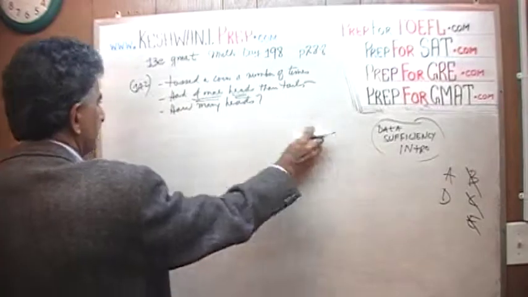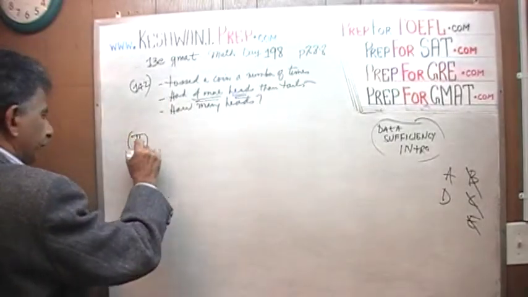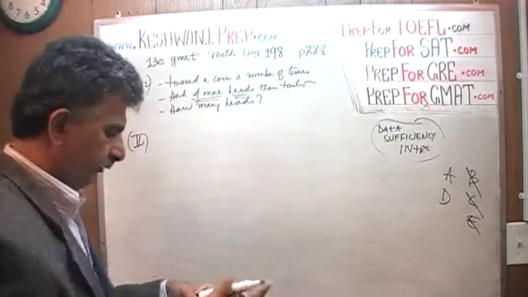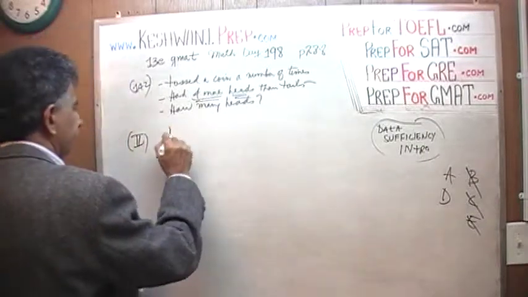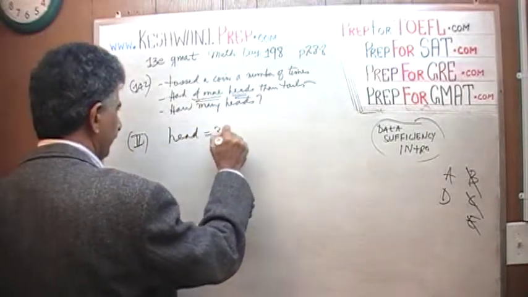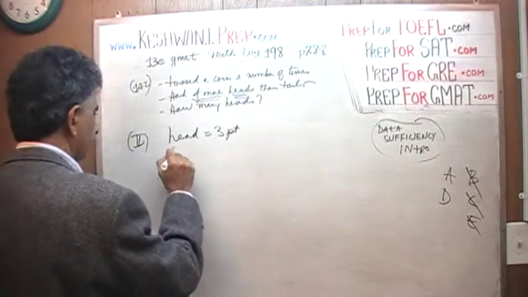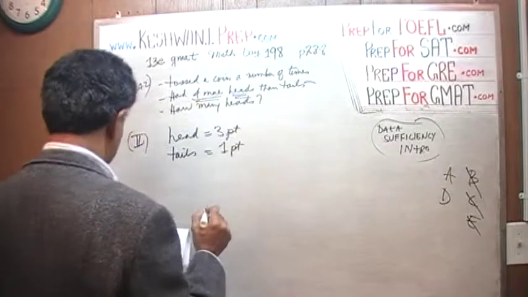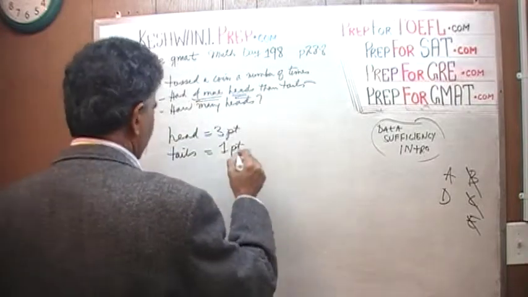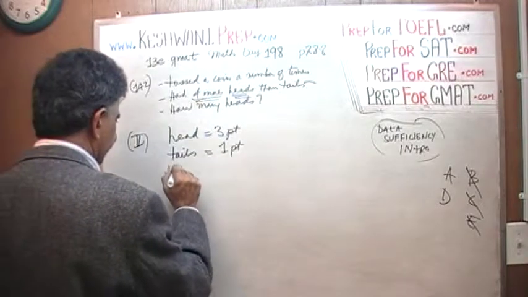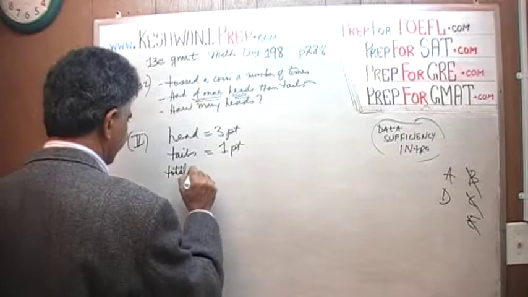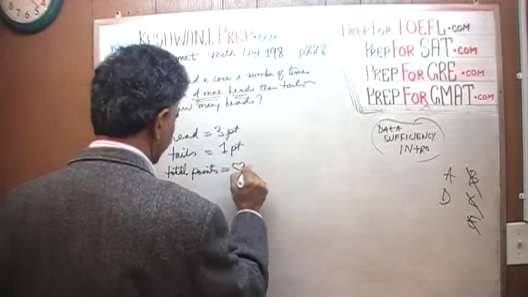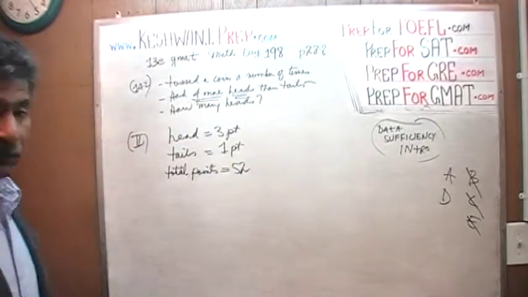In the second statement they tell us that heads are worth 3 points, and tails are worth 1 point. They also tell us the total points was 52. Well, that's our equation right there.